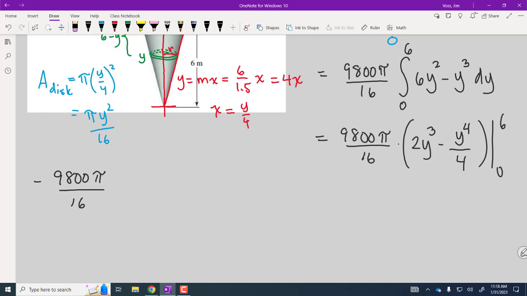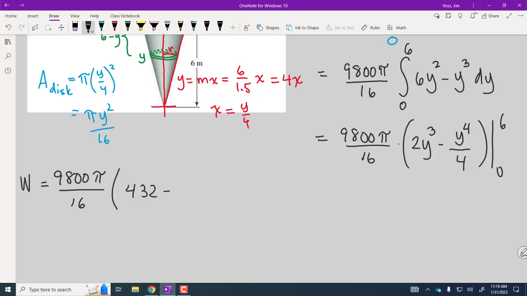Let's put a W out here. Okay, plugging in 0 gives nothing. Plugging in 6, we have 6 times 6 is 36, times 6 is 216, times 2 is 432.